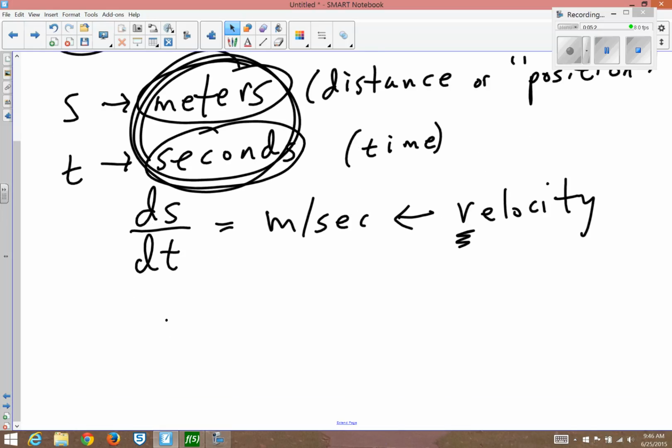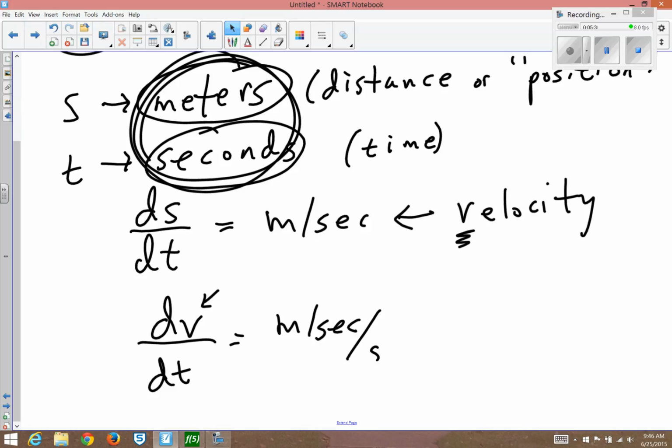And when we find the derivative of the velocity with respect to time, we get something that would be measured in meters per second per second, often written meters per second squared. And that is what we call acceleration.